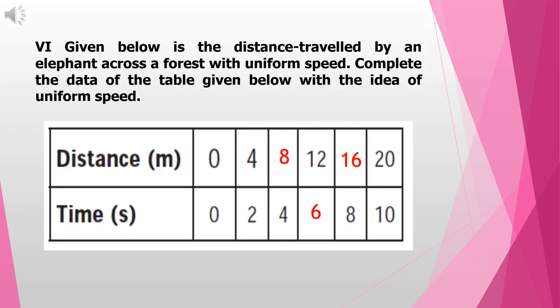Time, second. The time is in table of 2. 0 into 2, 0, 1 into 2, 2, 2 into 2, 4, 3 into 2, 6, 4 into 2, 8, 5 into 2, 10. Speed is calculated by the formula distance divided by time.